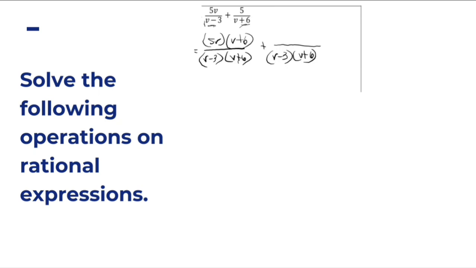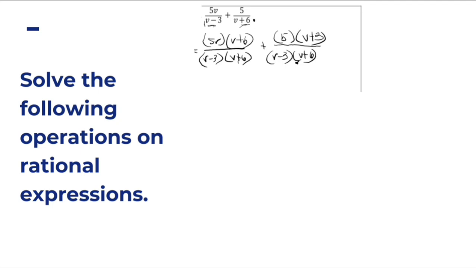The same thing with the second rational expression. So, v minus 3 times v plus 6, your LCD, divided by your original denominator, v plus 6. So, we just cancel v plus 6, and what remains is v minus 3. Therefore, in your numerator, you'll have 5 times v minus 3.